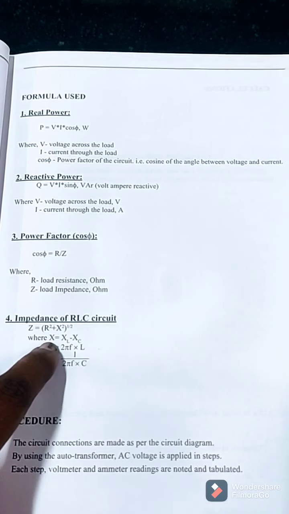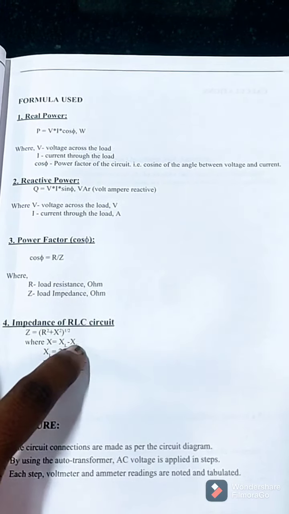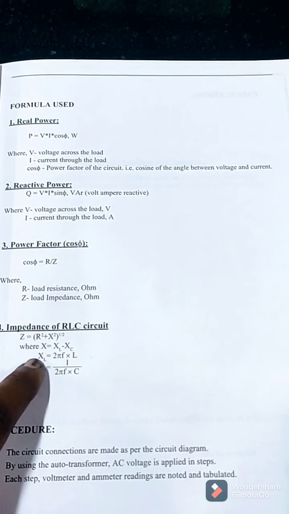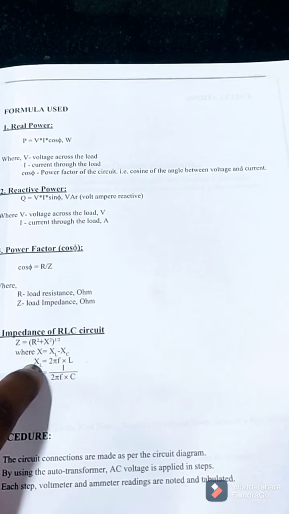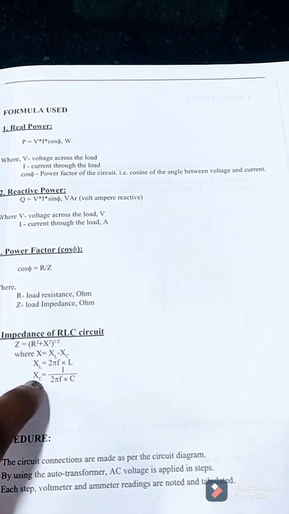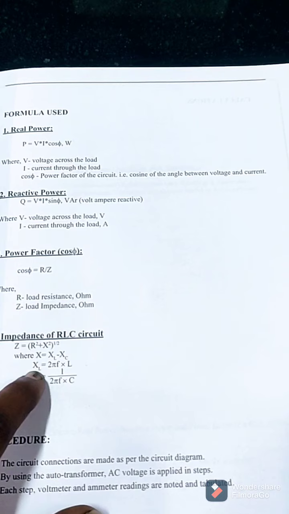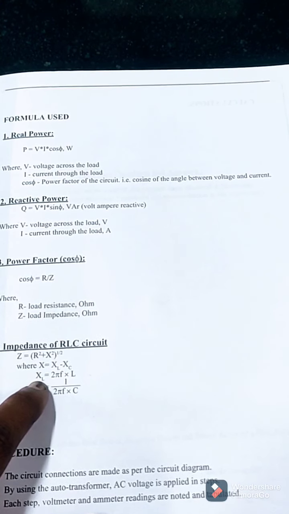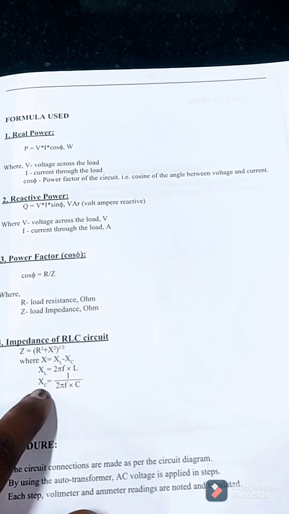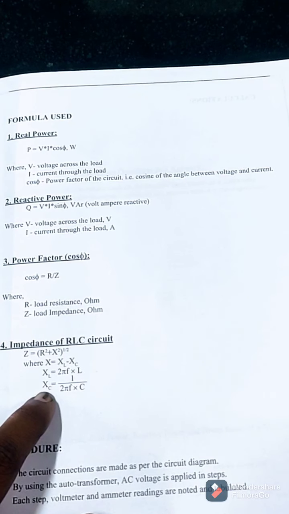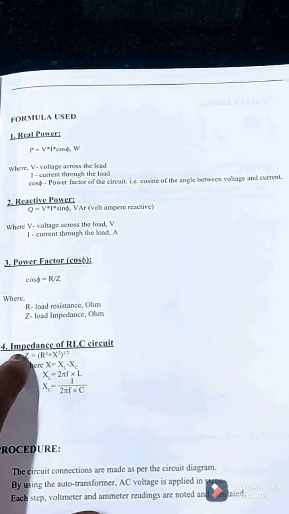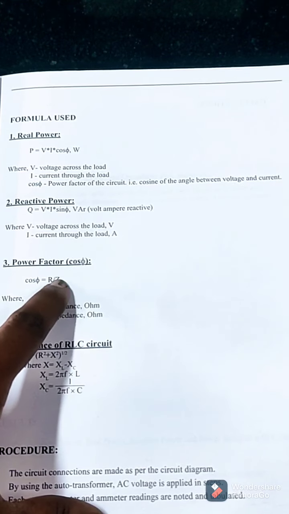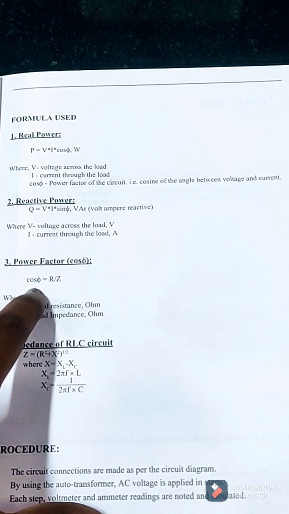It is the difference between the reactance of the inductor and the capacitor, where XL is called the inductive reactance and XC is the capacitive reactance. The formula to determine inductive reactance is 2 pi F into L, and the formula to find XC is 1 by 2 pi F into C. So using these formulas, you can find the impedance. After determining the impedance, we can find out the cos phi, the power factor value.